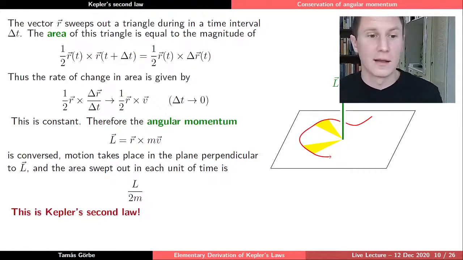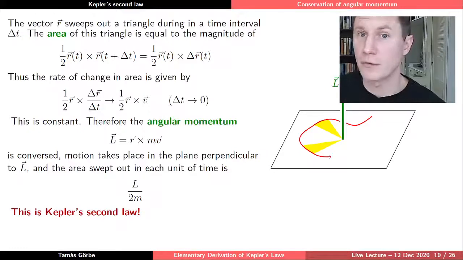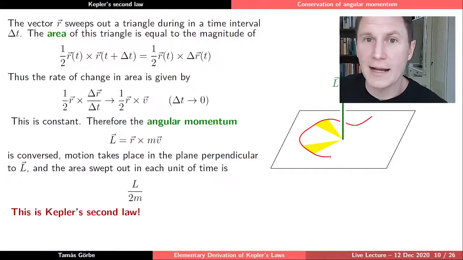Okay, so this is Kepler's second law, and in fact, if you look carefully at Newton's proof, we didn't use anywhere the fact that the sun has a gravitational attraction that is inversely proportional to the square of the distance. So nothing was assumed about the strength of the gravitational pull.